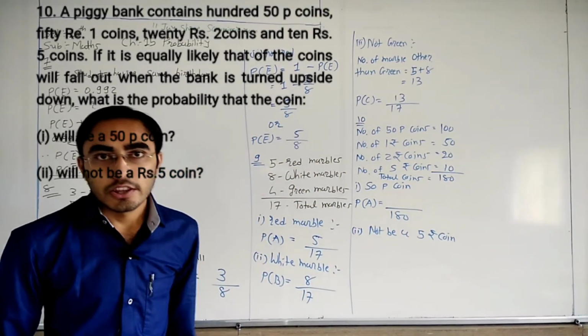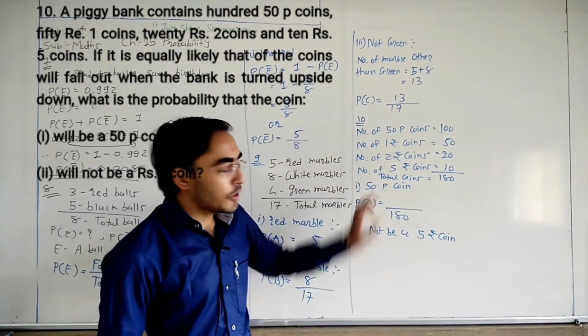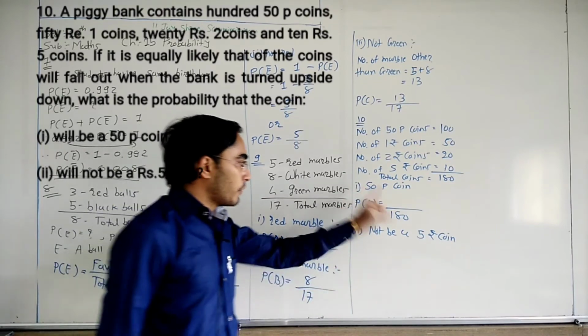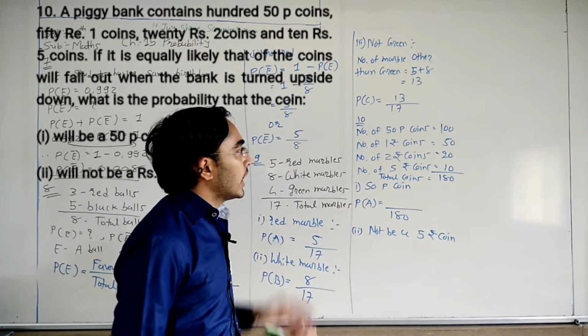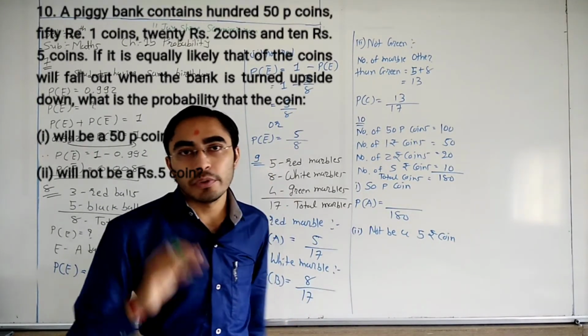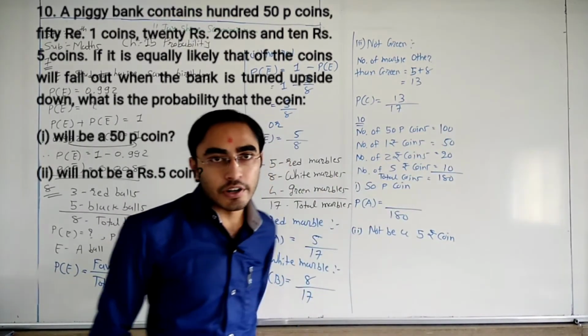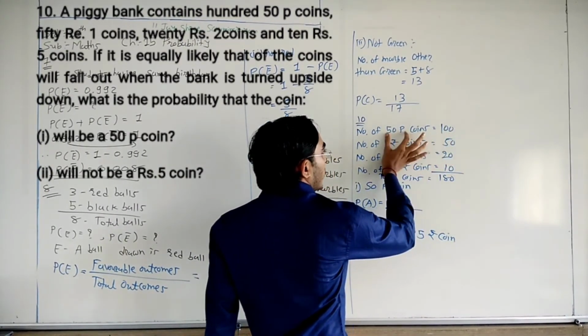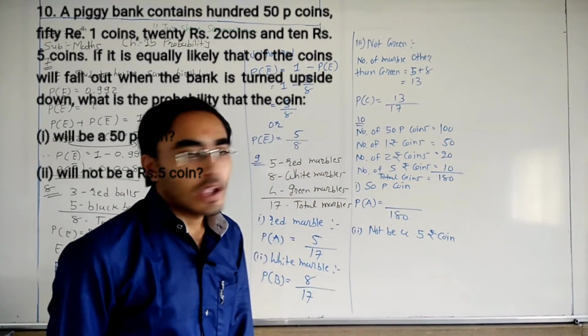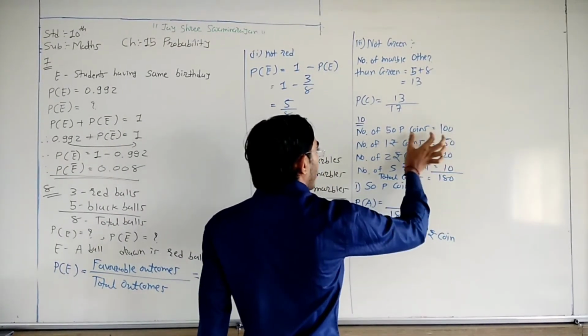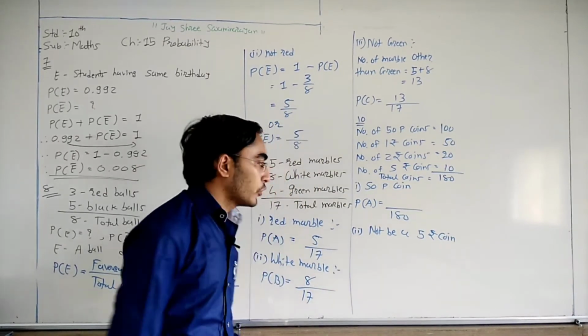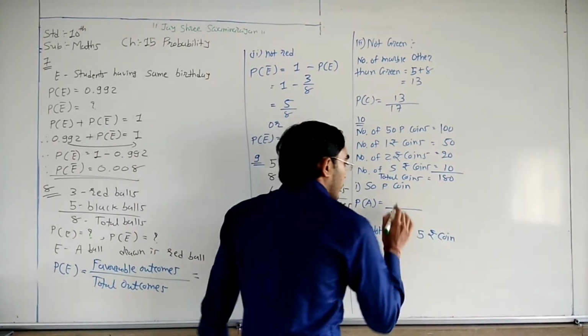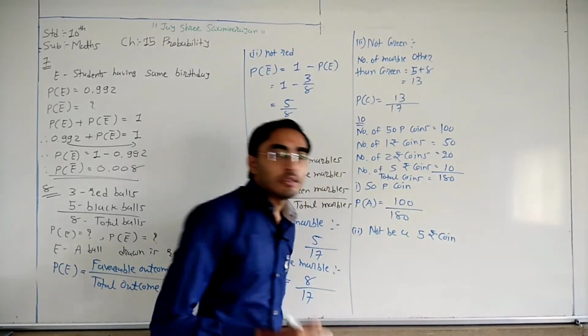Total outcomes. Now favorable outcomes, here we need to find the probability for the 50 paisa coin. So how many 50 paisa coins do we have here? It is 100, right? Because we have 100 coins of 50 paisa. So that 100 becomes our favorable outcomes.